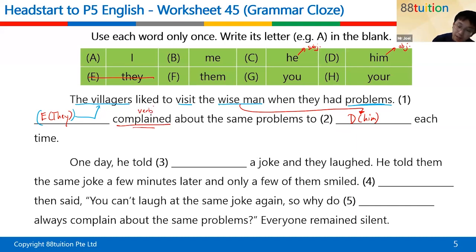The complaining is the verb. Since he's the one receiving, he's the object. Objects receive, subjects perform the verb. Since he is the one receiving the verb, we use "him." So that's correct for number 2, and we used "they," which is correct for number 1.